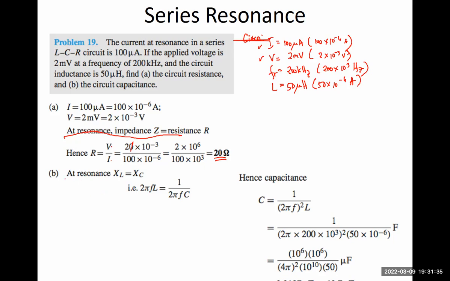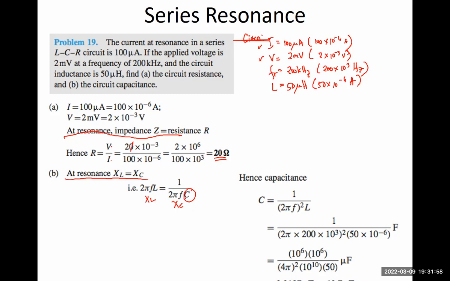So at resonance, your XL is always equal to XC. So ito yung XL natin, ito yung XC. So pwede natin gamitin kahit alin dito sa dalawa. Or we just equate these two to find C. Di ba?